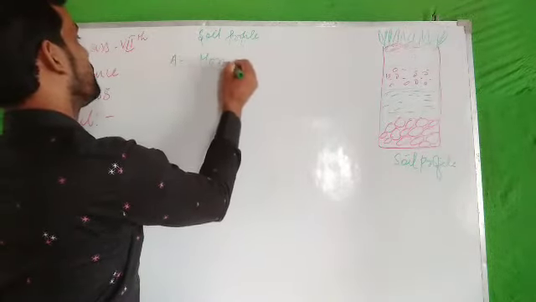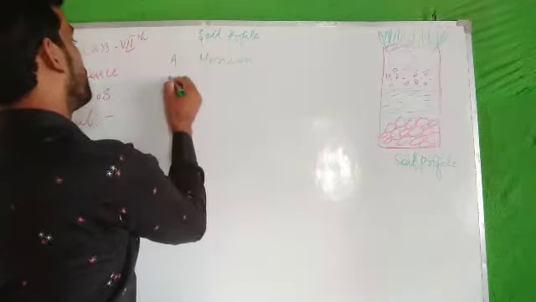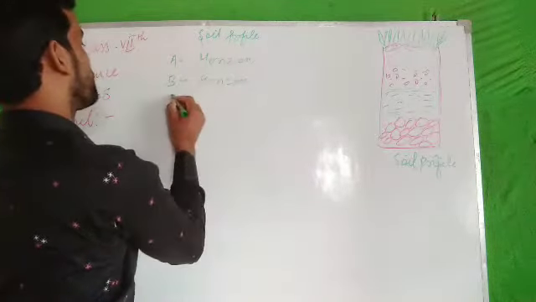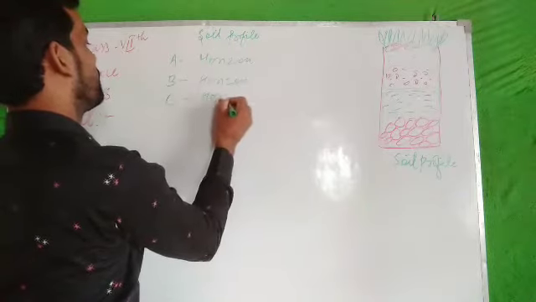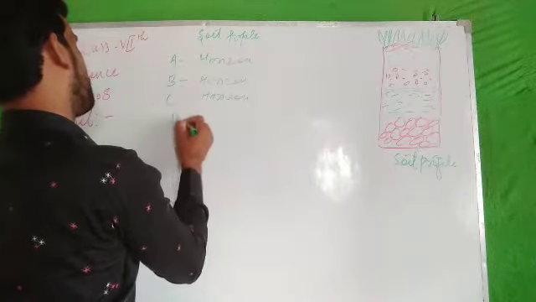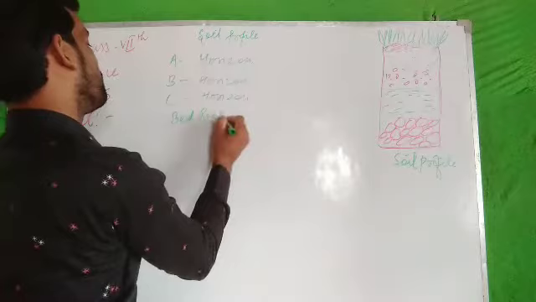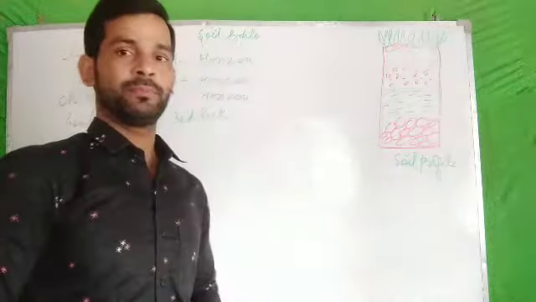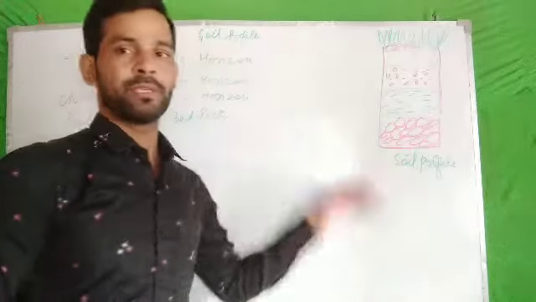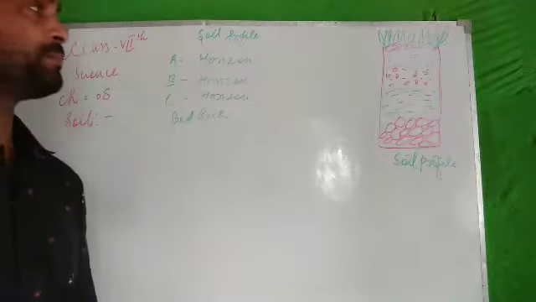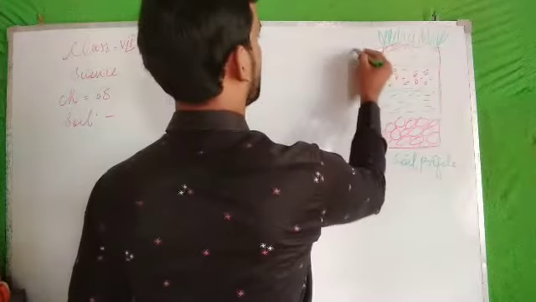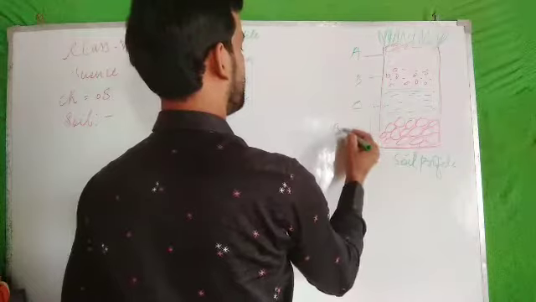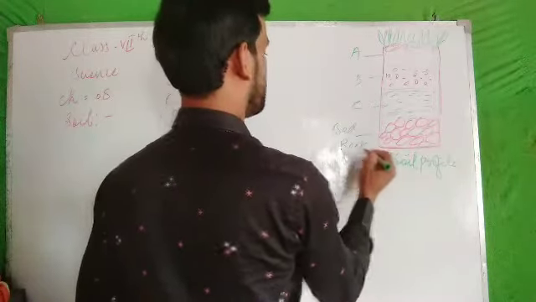A horizon, B horizon, C horizon and bedrock. The soil may be defined in the following ways: A, B, C and bedrock.